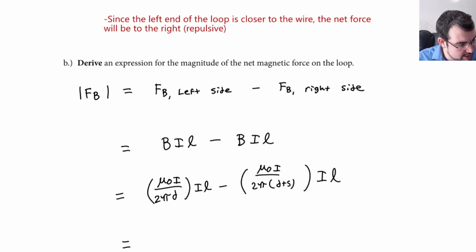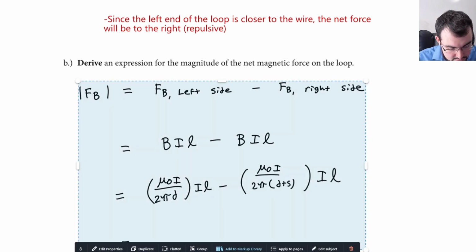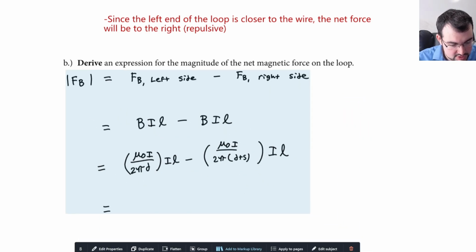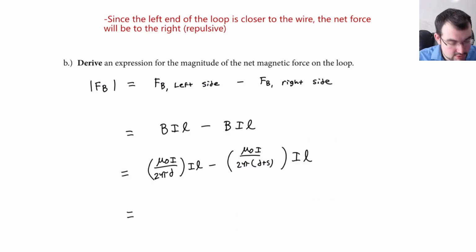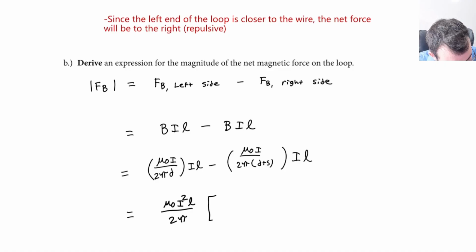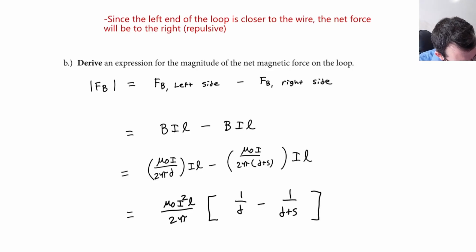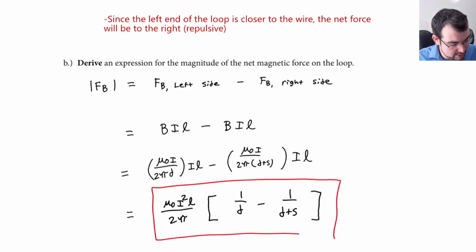So we'd get mu naught I squared L over 2 pi, and then we'd get 1 over d minus 1 over d plus s. That is our answer.